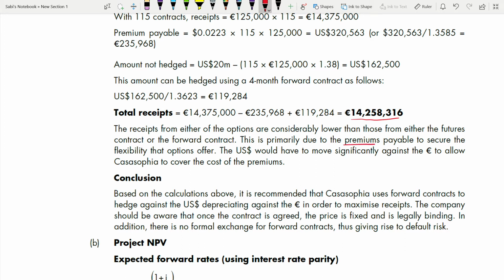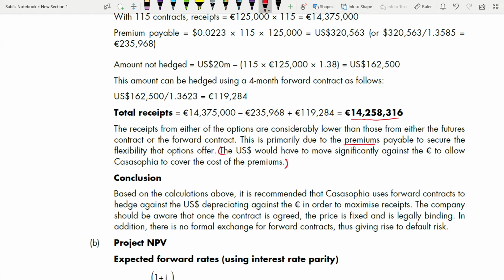The US dollar would have to move significantly against the euro to allow Casasophia to cover the cost of premium. What does this line mean? Most of you might not have understood it properly, or misinterpreted. US dollar moving significantly against the euro means it is moving in your favor. So they can take advantage.